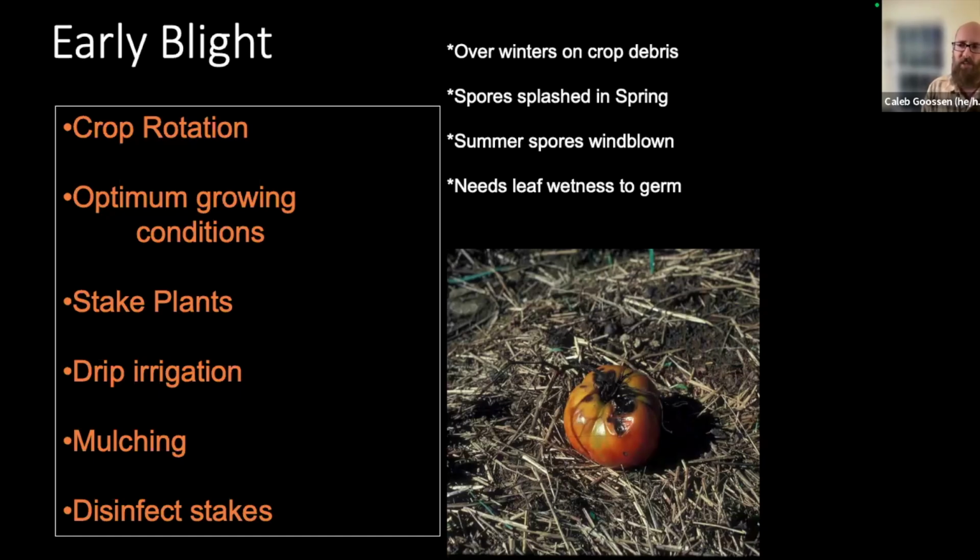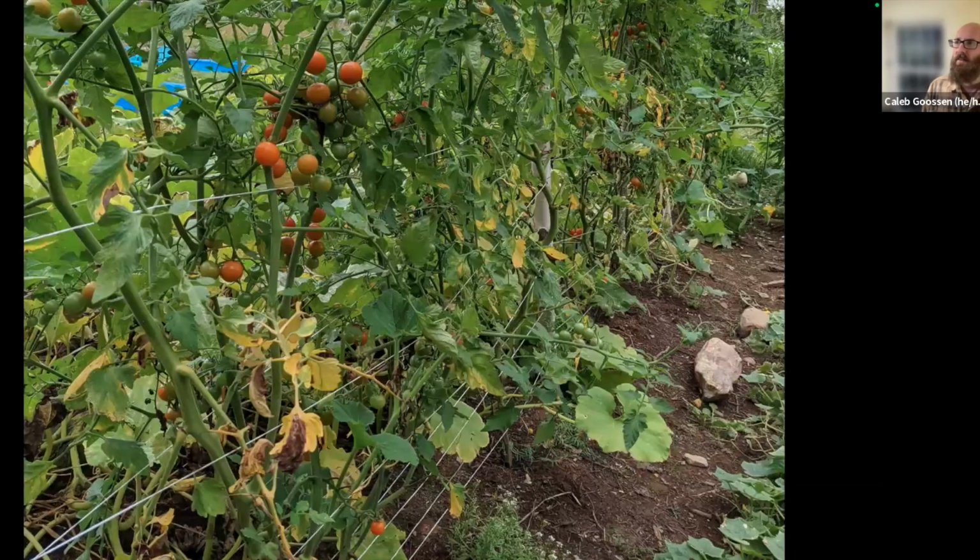And if you use tomato stakes year after year, disinfect them, because crop debris, like a tiny fragment of a broken leaf, can be wedged in the cracks of that wooden stake. So yeah, that's in my garden, and that's my Sun Golds. I don't prune those as heavily.